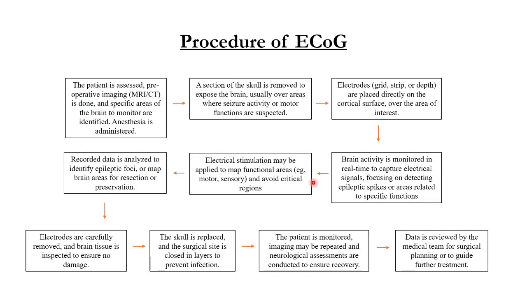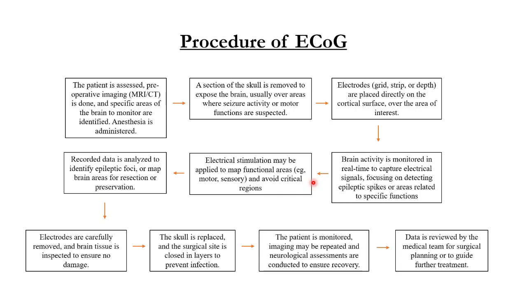Now the procedure of ECoG. First the patient is assessed, and preoperative imaging is done. After that, a section of skull is removed to expose the brain, and then electrodes are placed directly on the cortical surface. After that, the brain activity is monitored in real time to capture electrical signals. Then electrical stimulation may be applied to map functional areas.